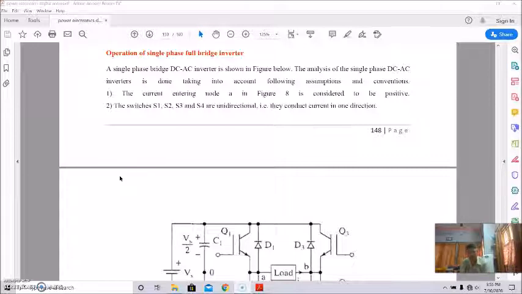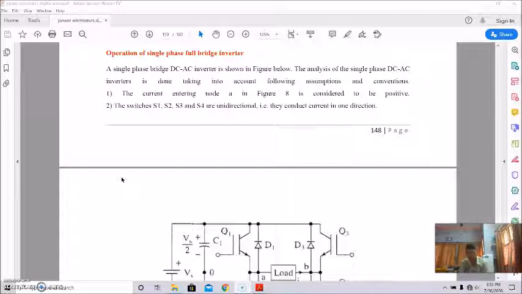When switches S1 and S2 are on, the output voltage across our load is positive, and when switches S3 and S4 are on, the output voltage across the load is negative. Diodes D1, D2, D3, D4 are used as feedback diodes, and the load for the full bridge inverter will be either resistive or inductive, basically RL load.